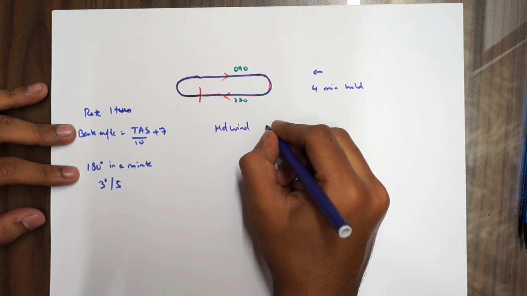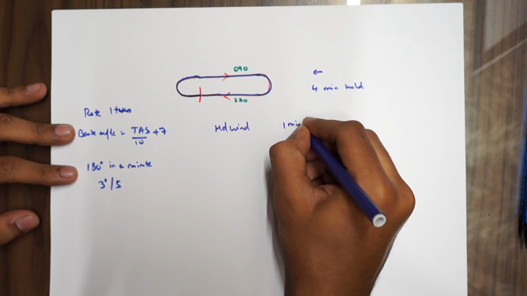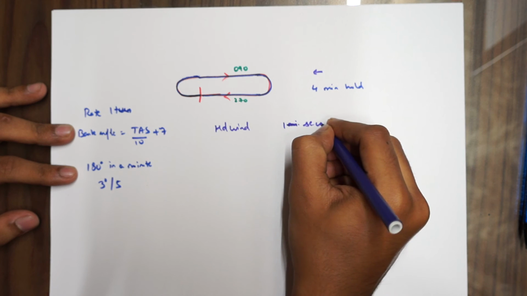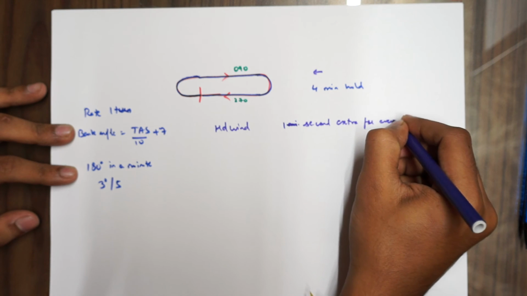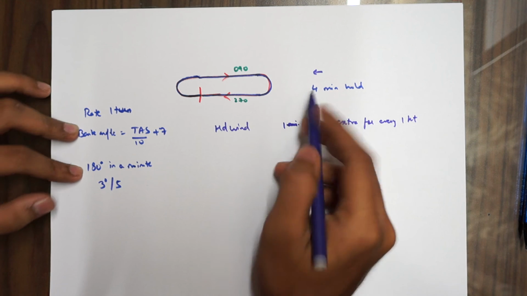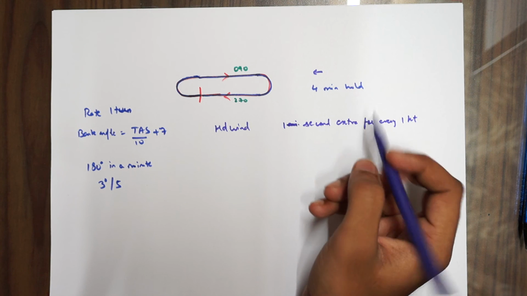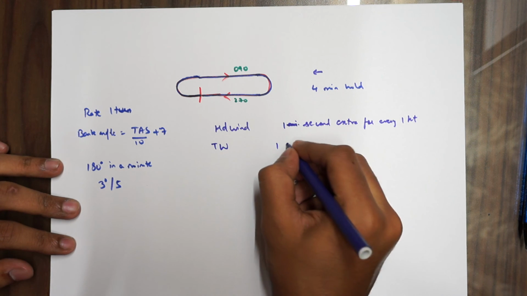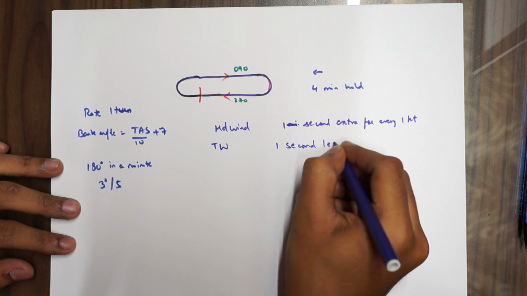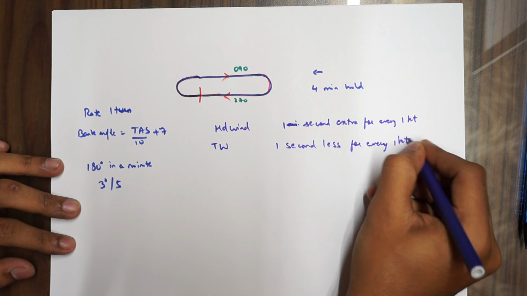So in headwind, the general standard is to fly 1 second extra for every 1 knot of wind. Suppose you have 10 knots, you'll fly for 1 minute and 10 seconds. Okay, simple. Tailwind, 1 second less for every 1 knot.